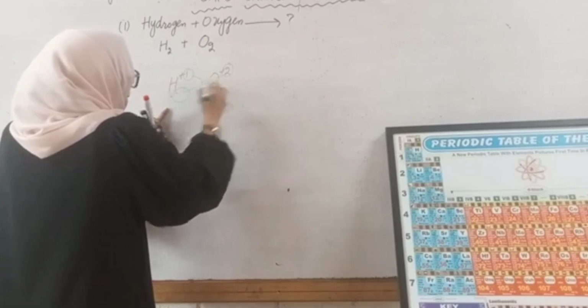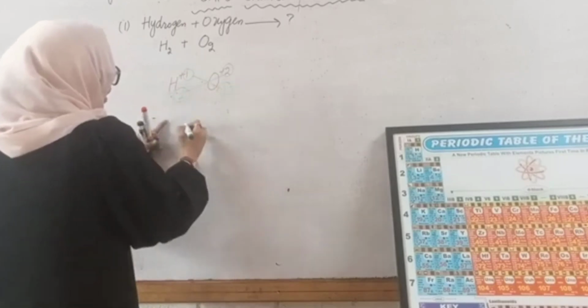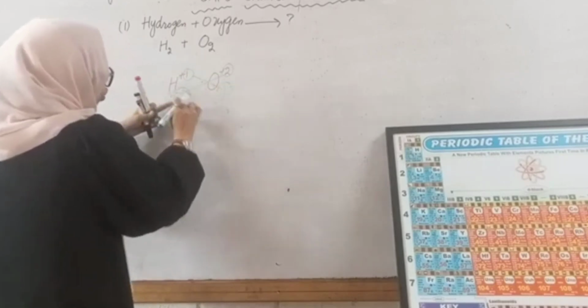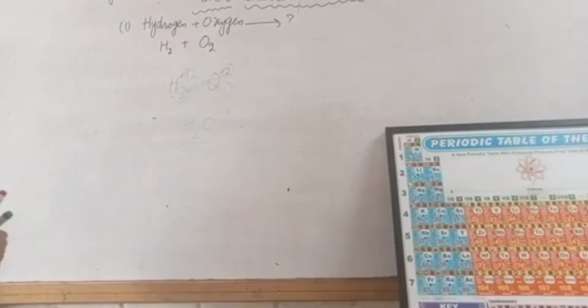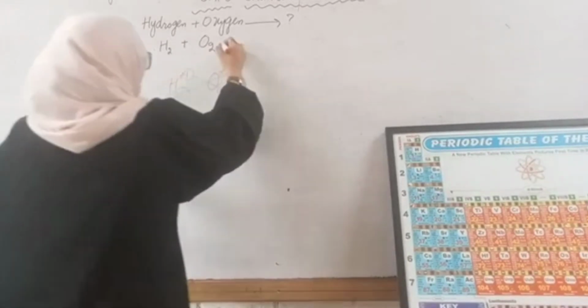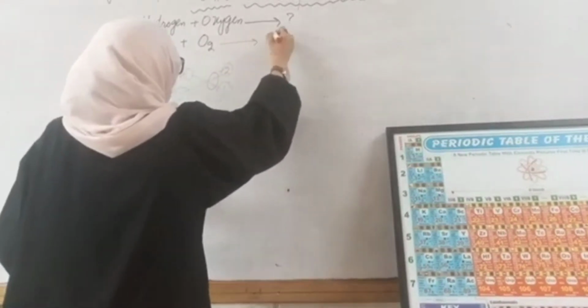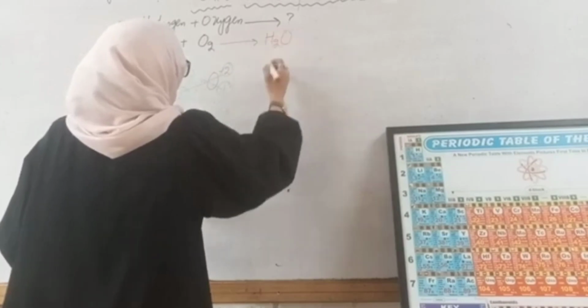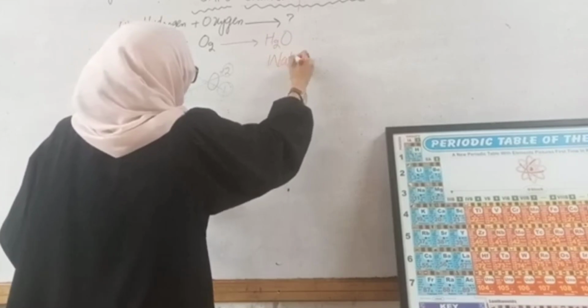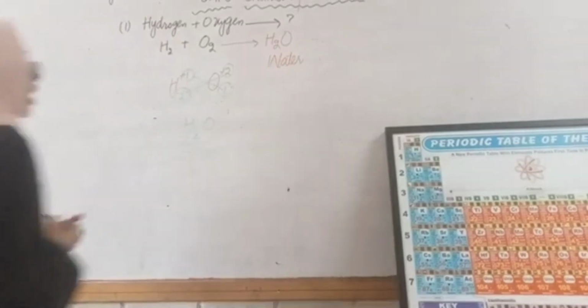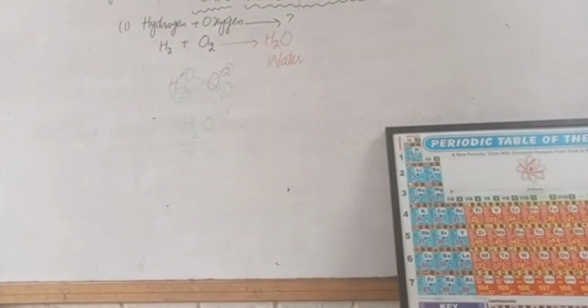Here, H2O. So our final product is H2O. In our result, H2O is the formula of water. Similarly, we will do many reactions in a vertical manner as well. This is our first example.